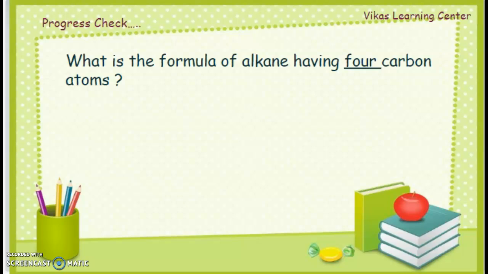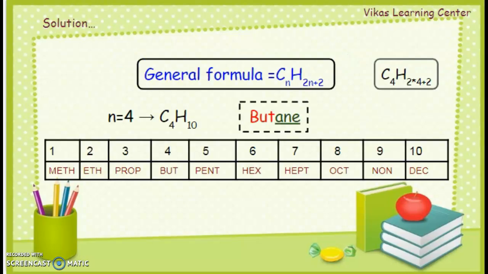Let's go for another question. What is the formula of the alkane having 4 carbon atoms? You can find this also by using the general formula CnH2n+2. Just substitute n equal to 4 here, so you'll have C4H10.